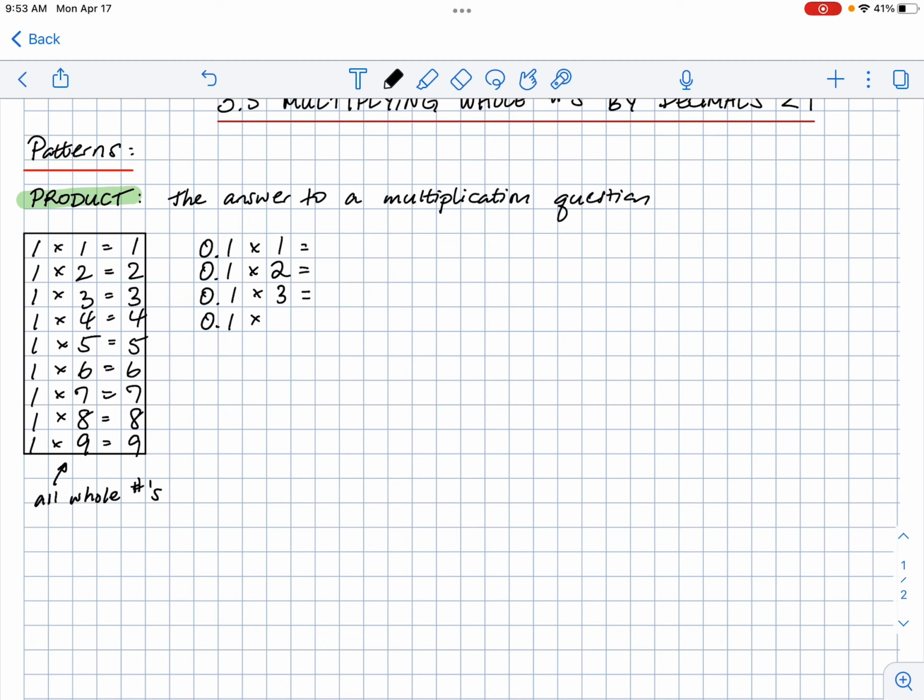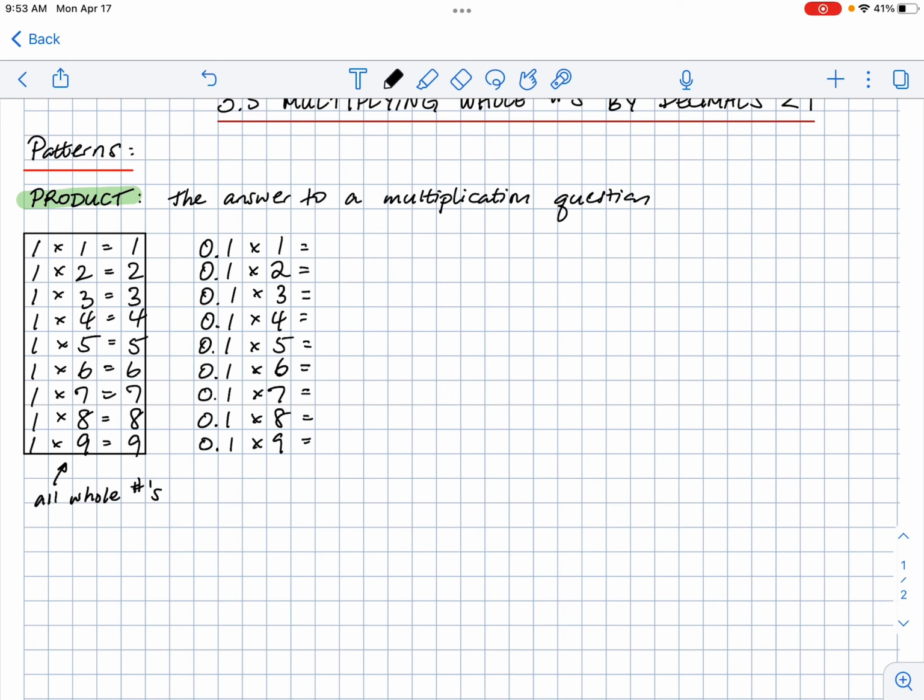Keep in mind, you're multiplying by 1/10, not by 1, not by 10, but by 1/10, or 0.1. So times 4, times 5, times 6, times 7, times 8, and times 9.